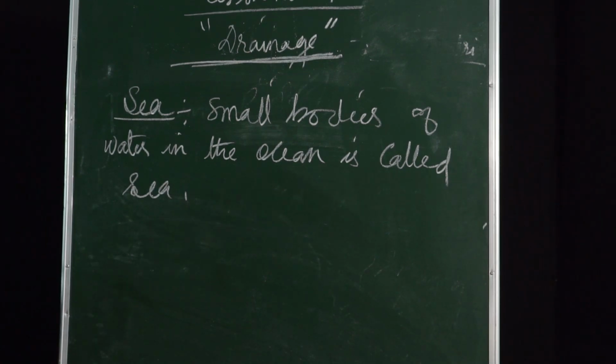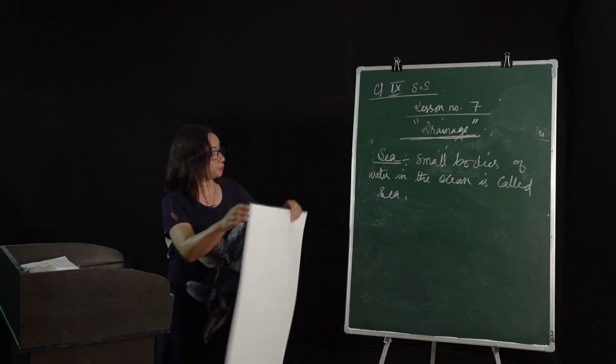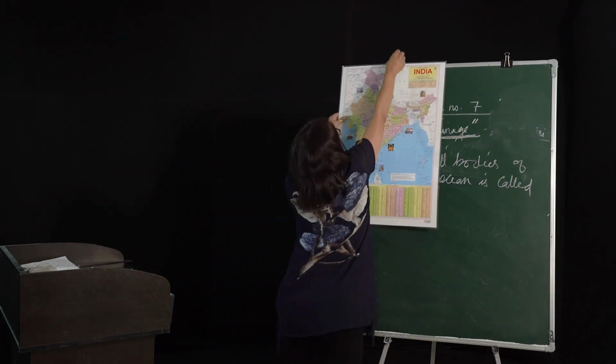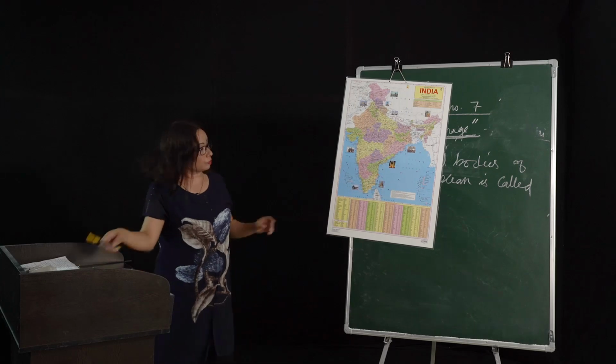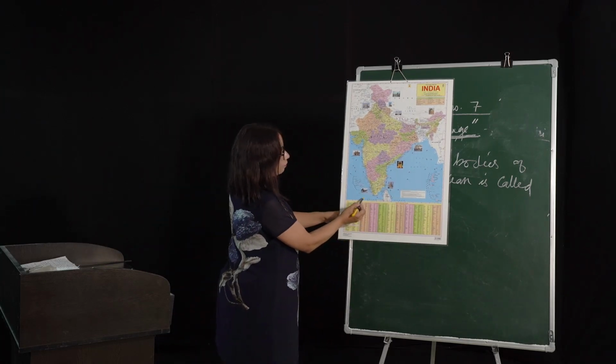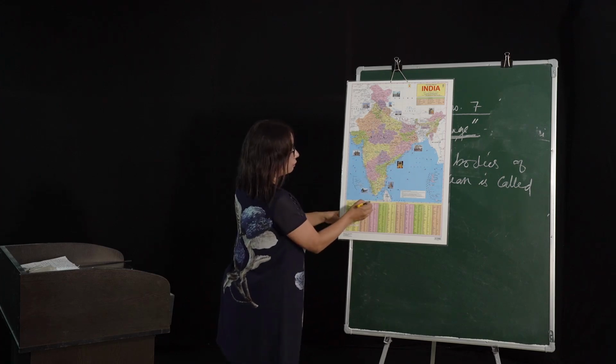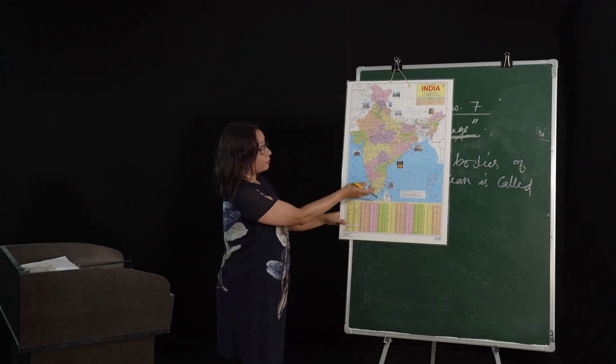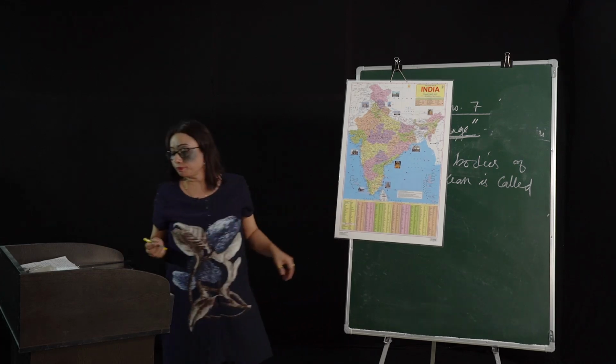Now, India is located at the head of the Indian Ocean. This is the Indian Ocean, you can see here. Down south of India we have the ocean. So, India is just located at the head of the Indian Ocean, we call it.